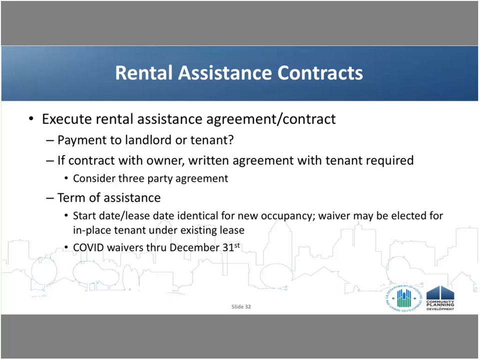In other words, we're not requiring the in-place lease to be negated or to be rewritten in order to accommodate the contract. But that is for in-place tenants under existing leases. Again, after December 31st, as Steve has mentioned, all requirements of the HOME rule will apply if you choose to extend the assistance into next year.